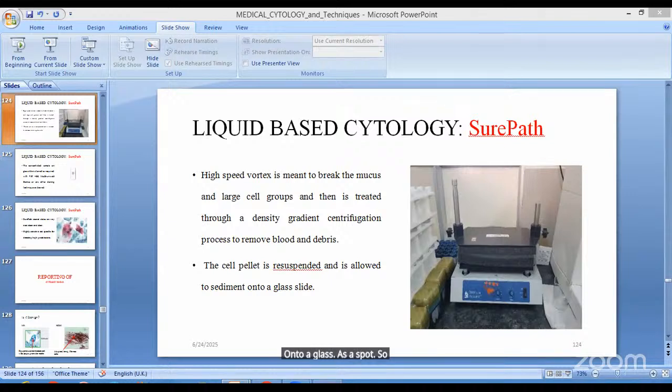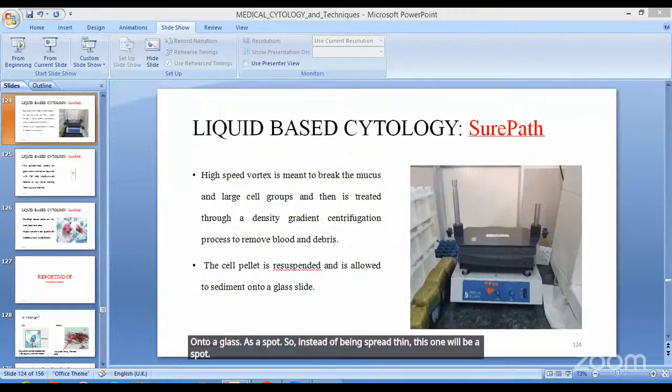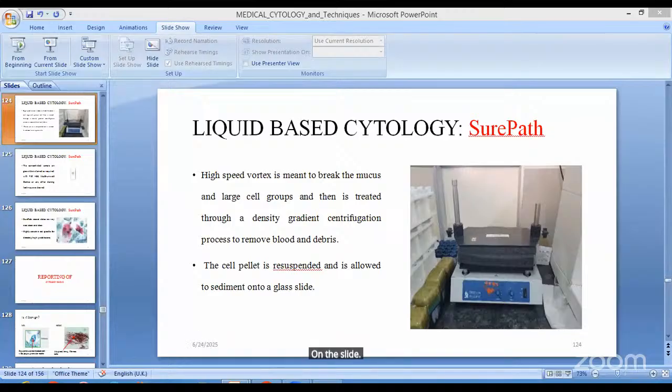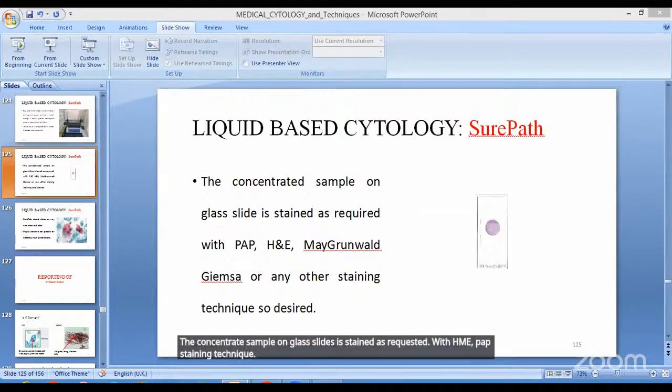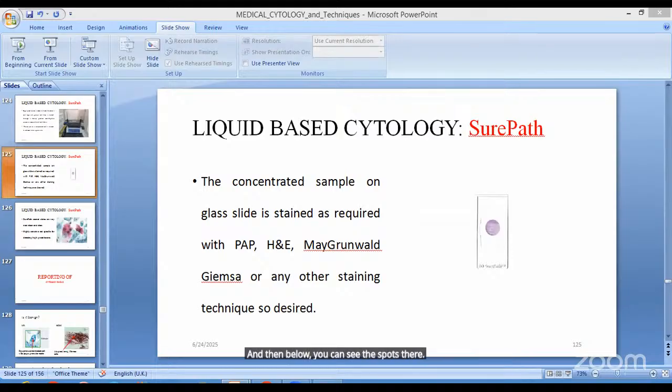So instead of being spread thin, this one will be a spot on the slide. That's why it is SurePath. The concentrated sample on the glass slide is stained as requested with H&E or PAP staining technique, and you can see the spot there. That's SurePath. So when you see the slide, you'll be able to determine whether it's SurePath or ThinPrep.